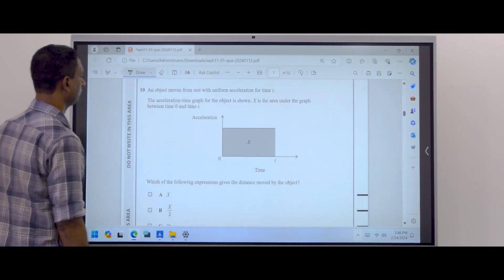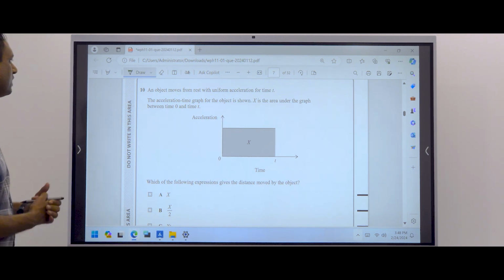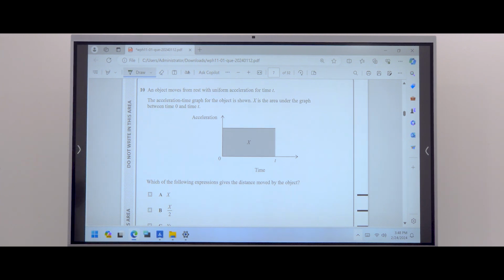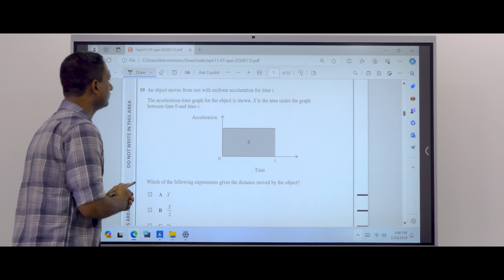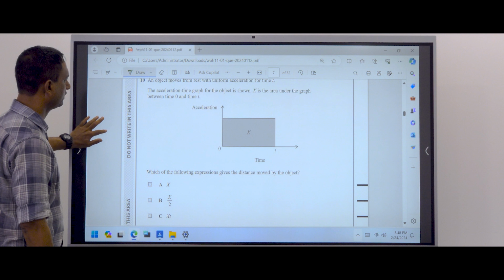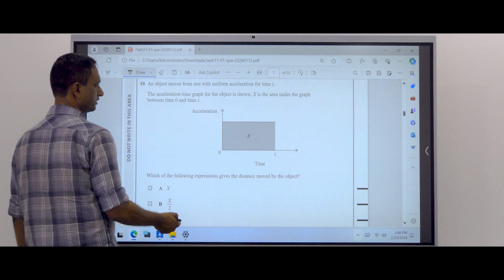An object moves with uniform acceleration for time t. The acceleration time graph for the object is shown. X is the area under the graph between 0 and time t. Which expression gives the distance moved by the object? This is a uniform acceleration. The area under an acceleration time graph is the change in velocity.